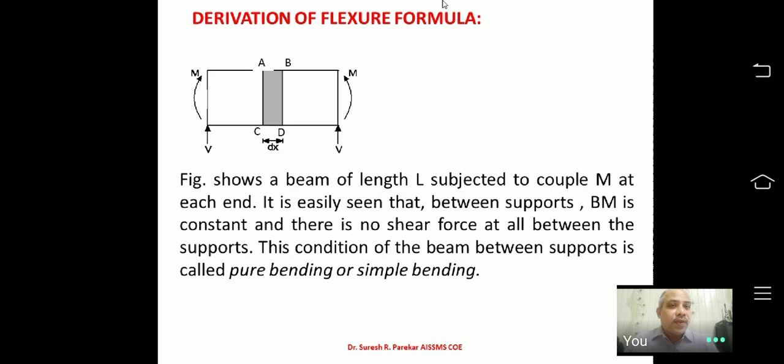Whenever you go for the derivation of this, you have to consider the portion where the bending moment is constant, and we know that when bending moment is constant, shear force is zero, because shear force is the rate of change of bending moment. We had one question in the quiz.